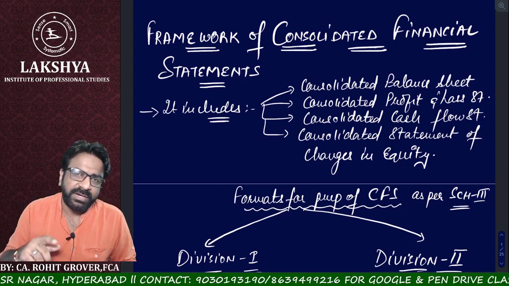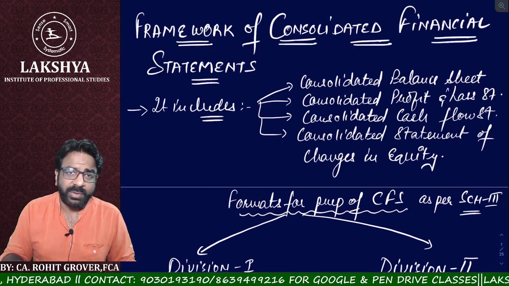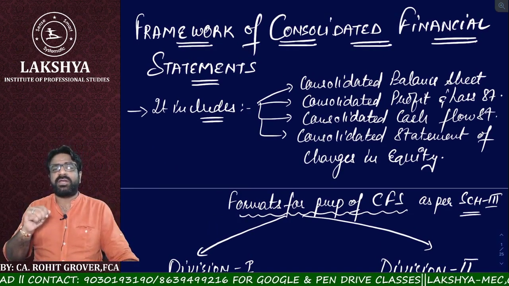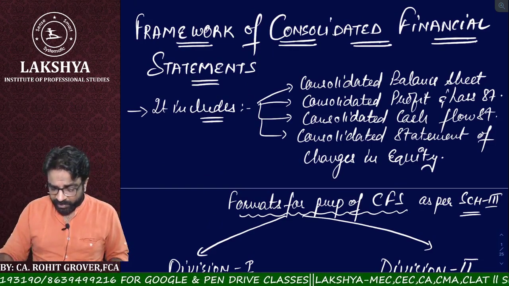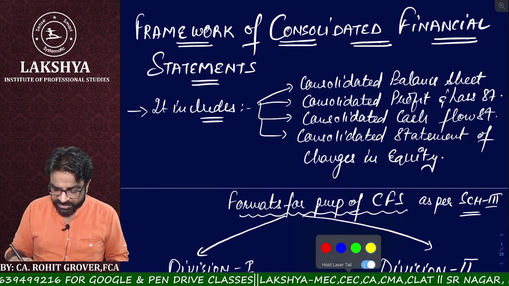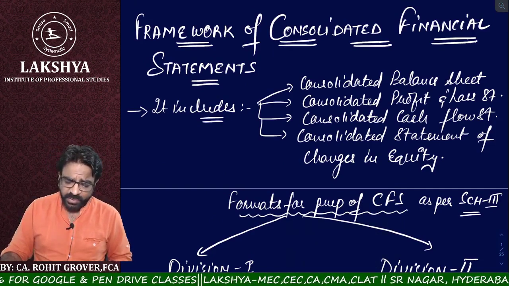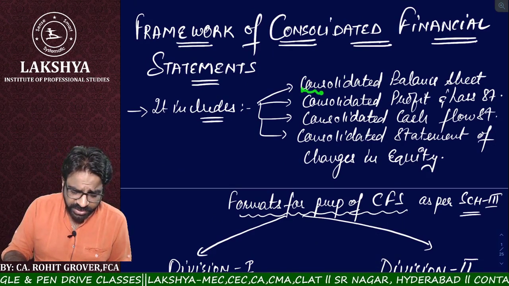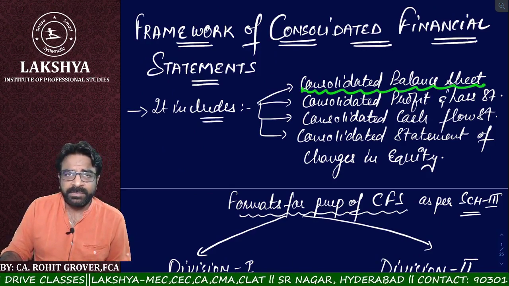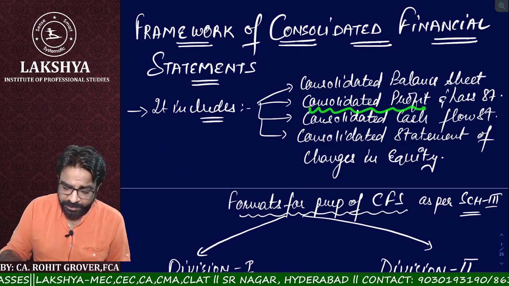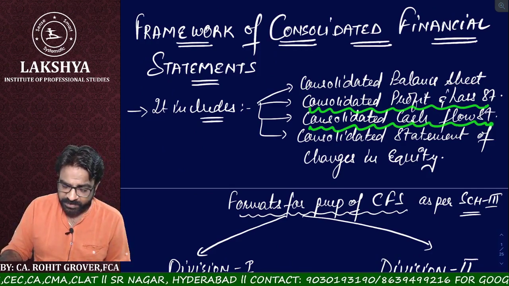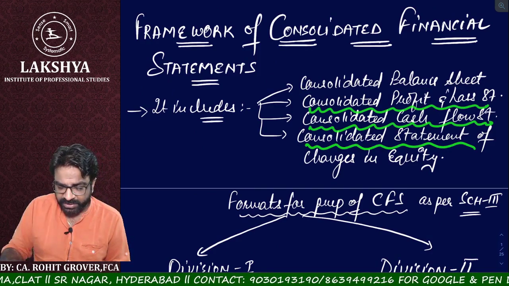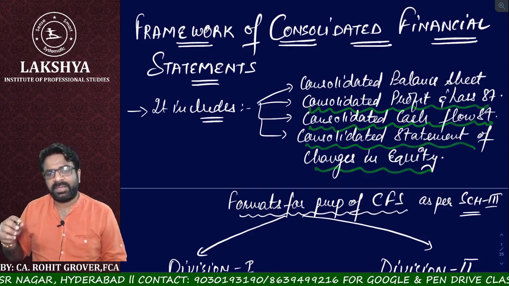The same definition of consolidated financial statement is also provided under section 129. Consolidated financial statement includes the consolidated balance sheet, consolidated profit and loss statement, consolidated cash flow statement, and a consolidated statement of changes in equity.